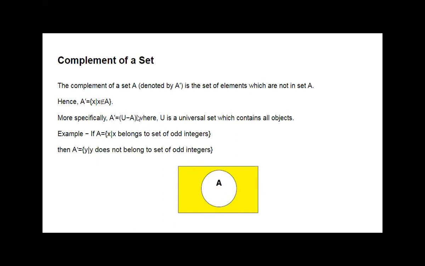All the elements which are in the universal set but not in A are in A dash.